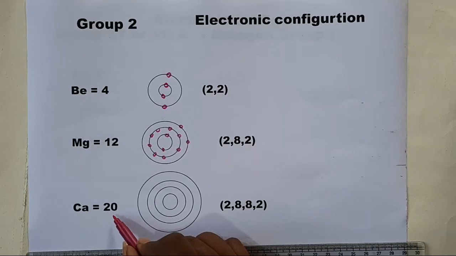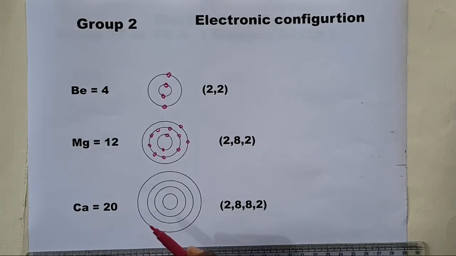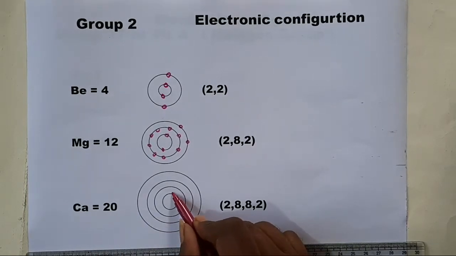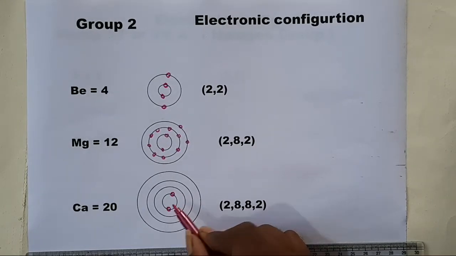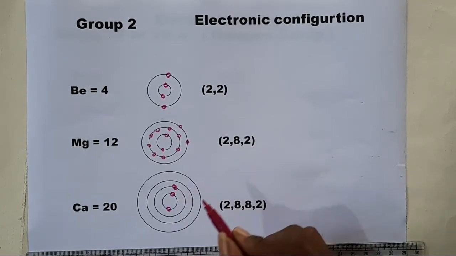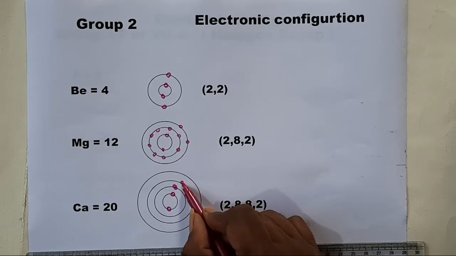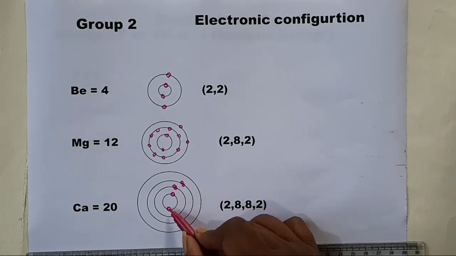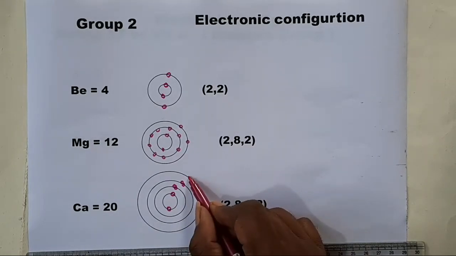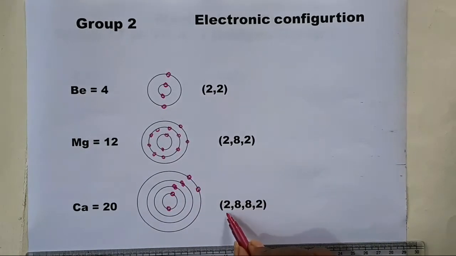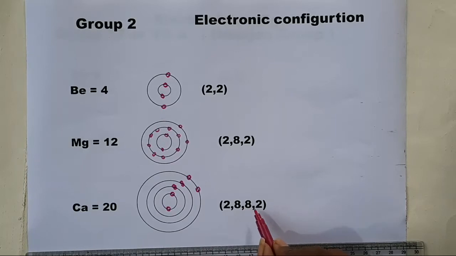Calcium, the atomic number is 20. In this atomic number 20, 2 is in the first shell, 8 is in the second shell, another 8 in the third shell. 8 plus 8, 16, 16 plus 2, 18. How much is remaining? Only 2. So 2, 8, 8, 2.